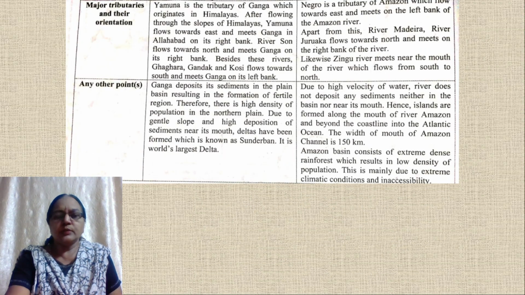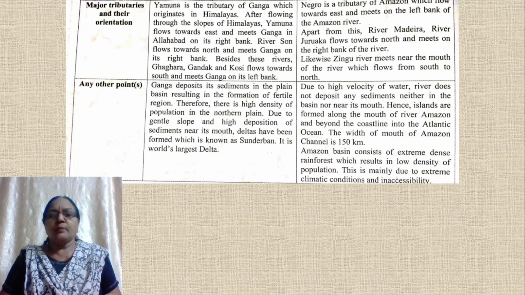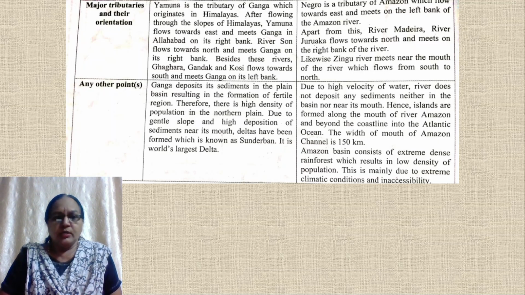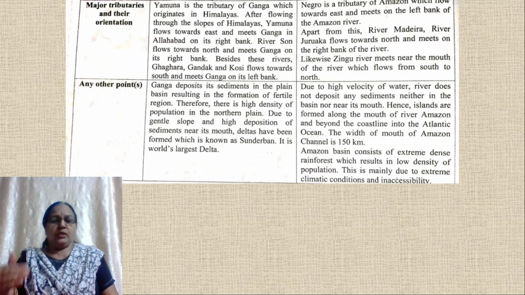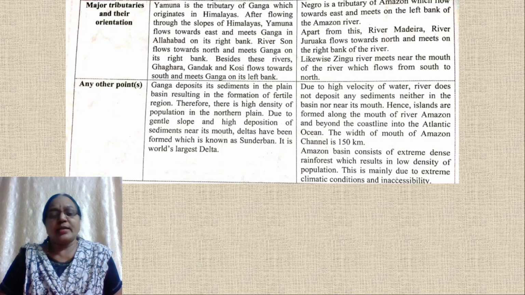Now, next is major tributaries and the orientation. The most important tributary of the Ganga is the Yamuna river. As it flows down from the slopes of the Himalayas, the Yamuna river flows eastwards and it meets the Ganga river in Allahabad, on the right bank.